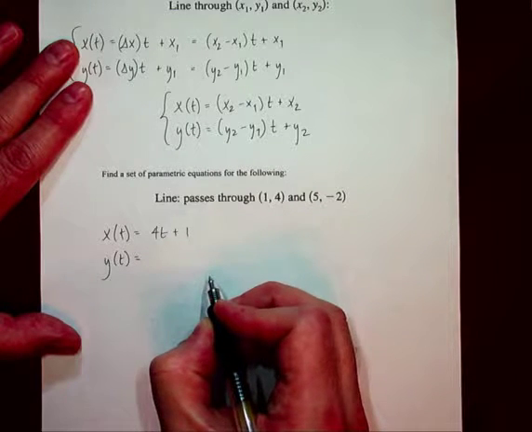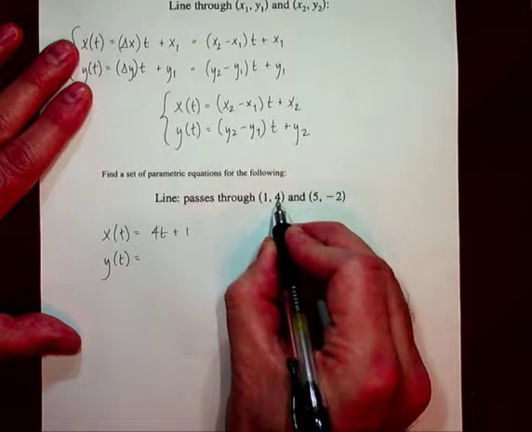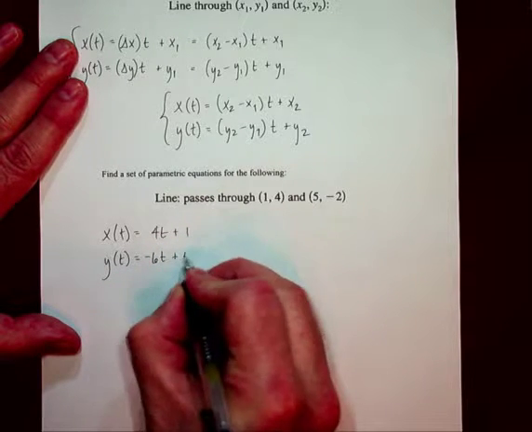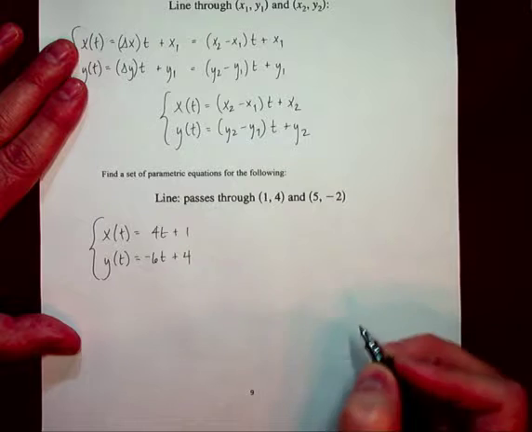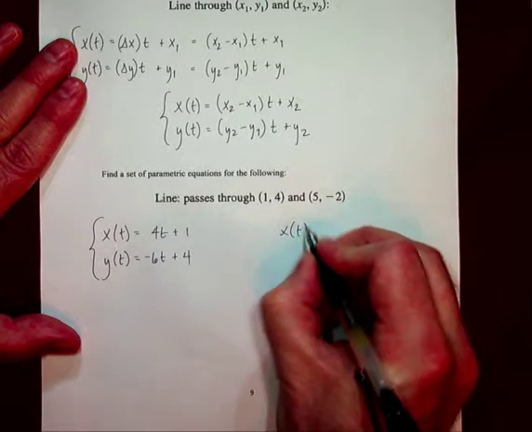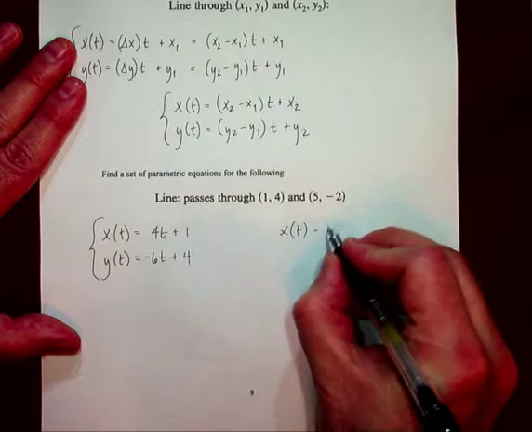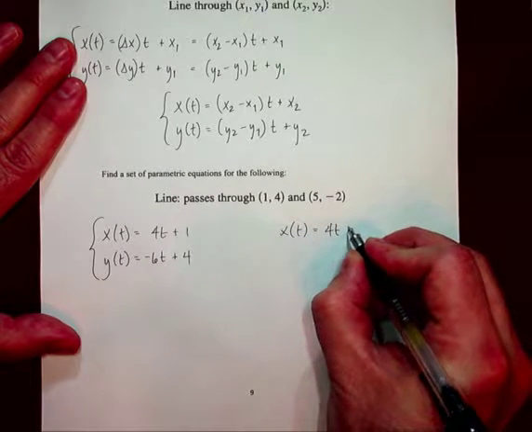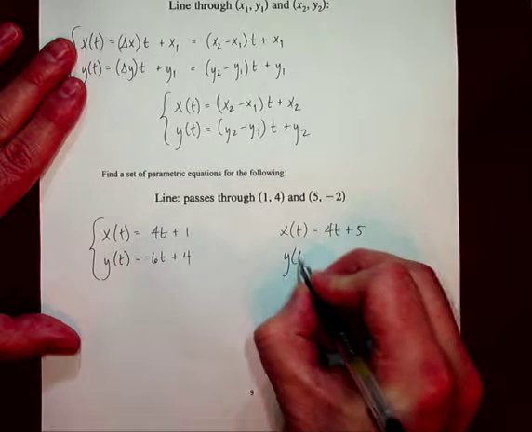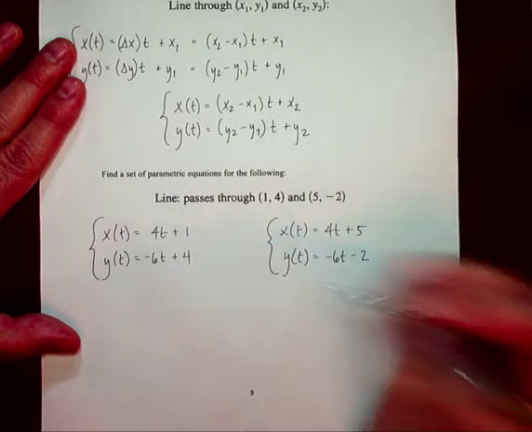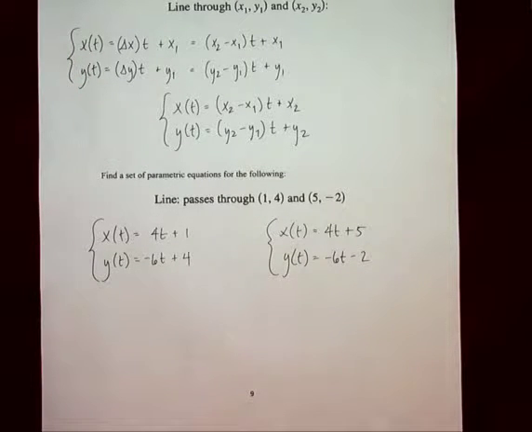And then y2 minus y1, negative 2 minus 4, or negative 6t, and then plus 4. Or it could have just as easily used 5, negative 2, and it's 4t plus 5, and negative 6t minus 2. And both of those would have been legitimate ways, and of course you could have used any other point on the line to formulate those.